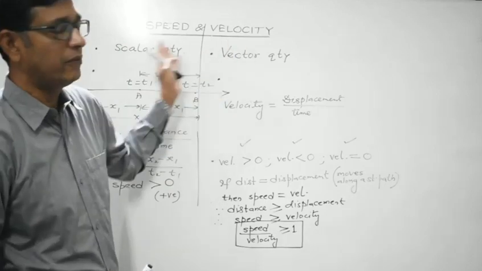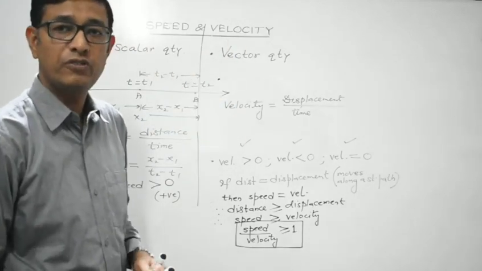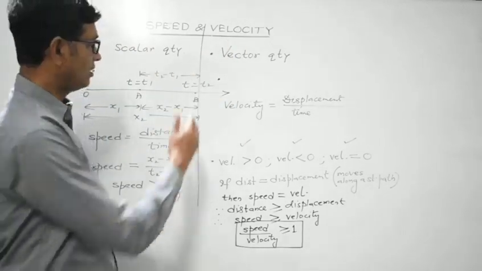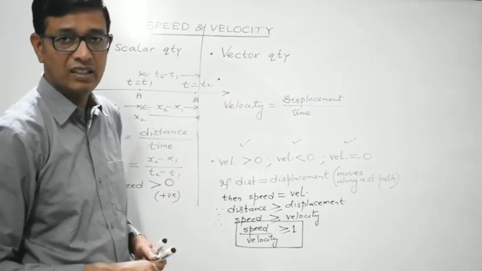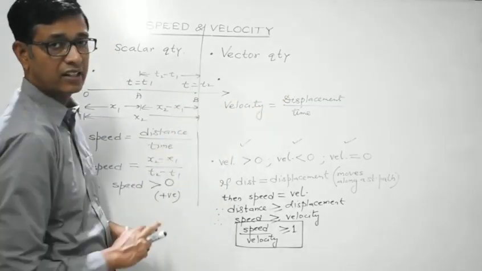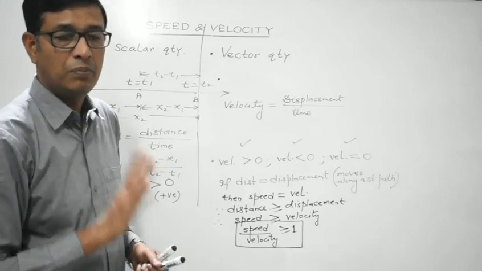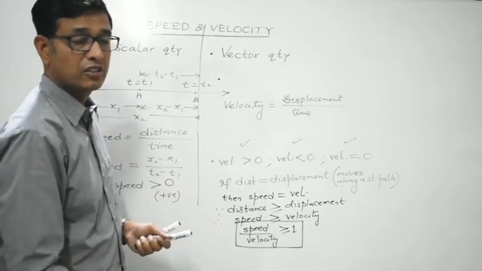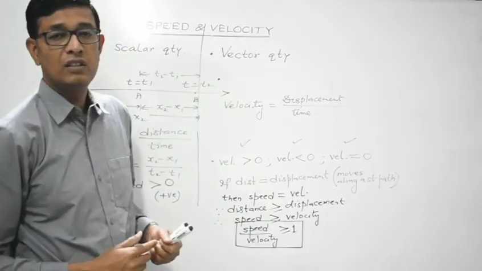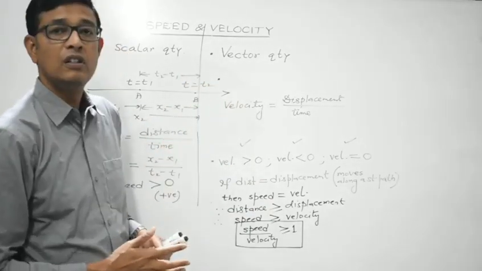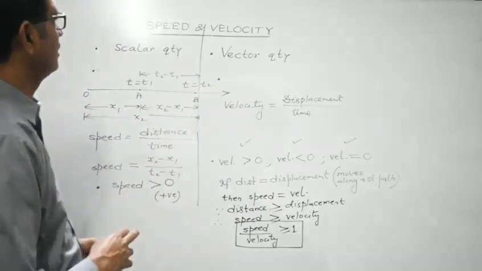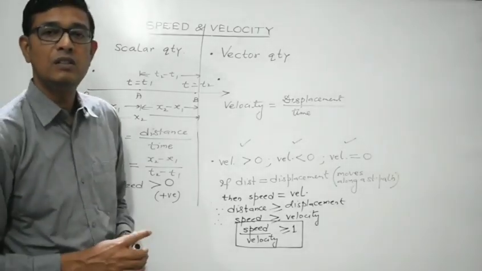And speed, velocity, both have SI unit of meter per second. Distance or displacement both are measured in meters in SI, and time is measured in second. So in SI both has the same units, meter per second. In CGS both speed and velocity will have unit of centimeter per second.